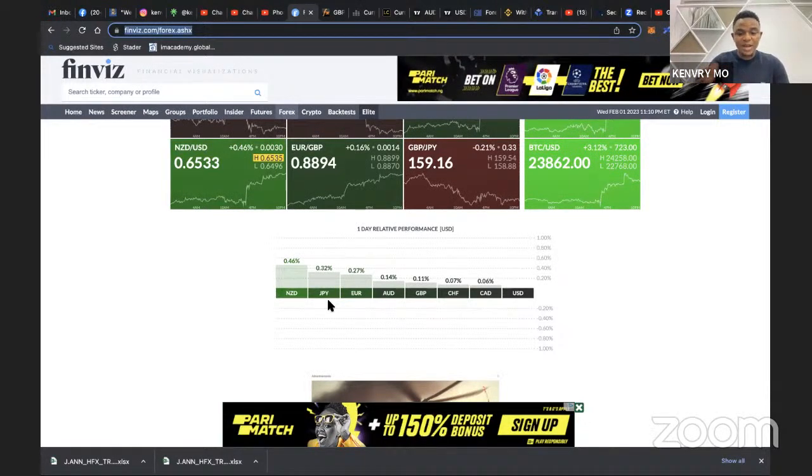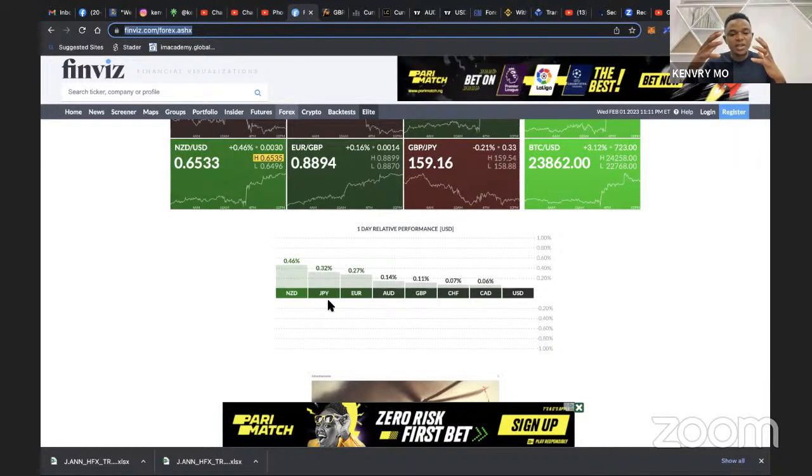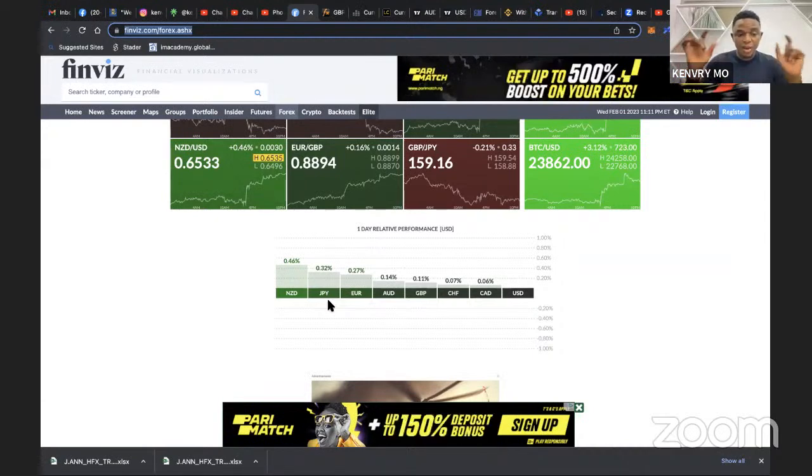So between that time and 5 a.m. is all Asian time. The market doesn't have volume, but you want to trade the currency that is in this session. When you're trading a currency that is in its session, it's more beautiful, it's more consistent.